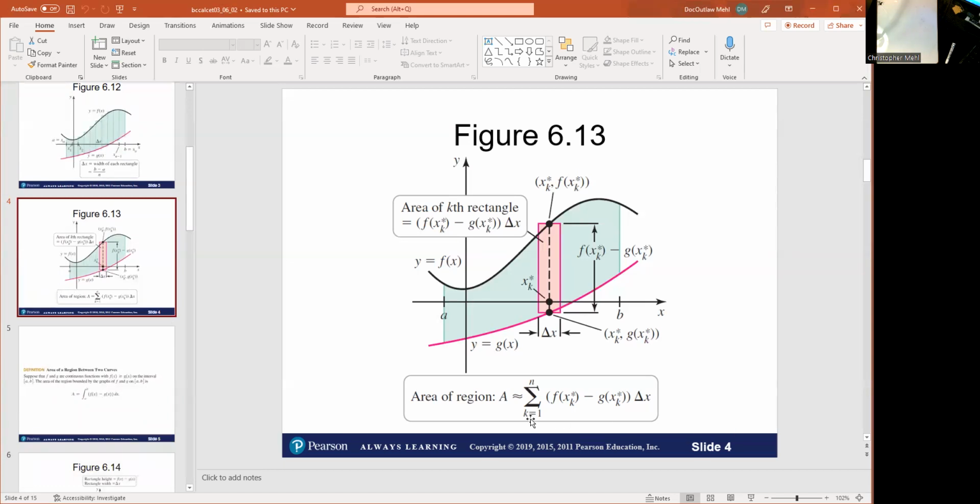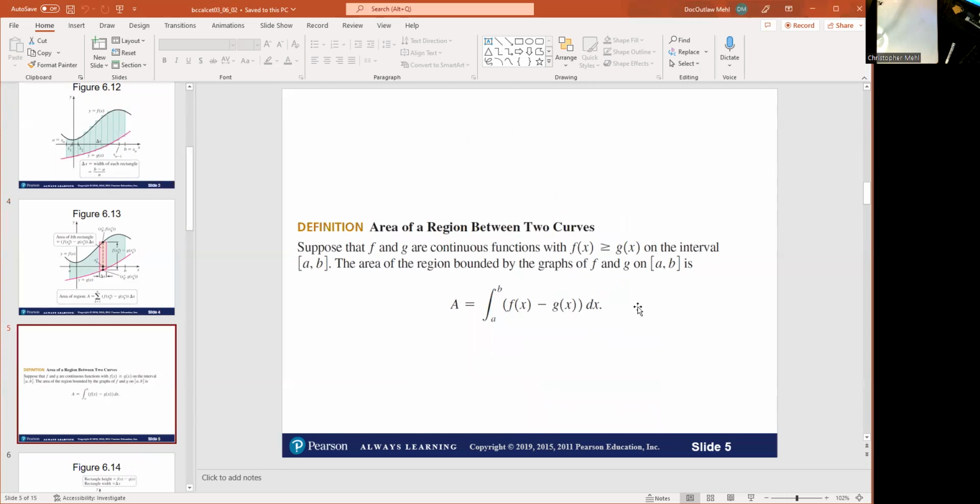As I chop my interval into finer and finer pieces, and drive the width of each subinterval to 0, which drives the number of subintervals to infinity, my Riemann sum becomes a definite integral, and I get the area of the region between two curves as follows.